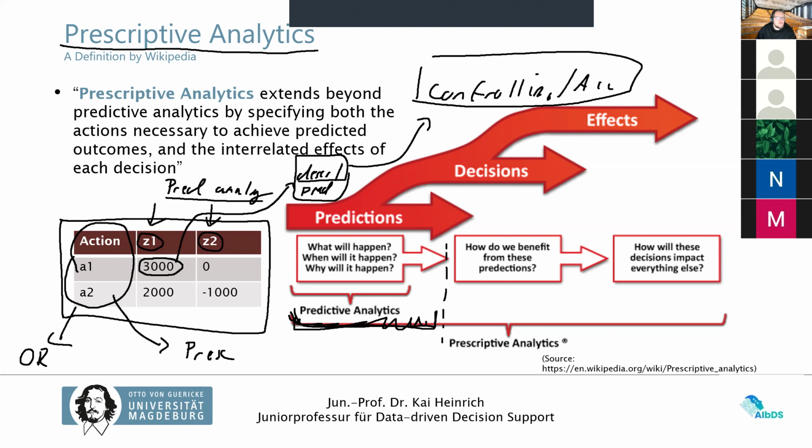We are concerned with predictive analytics, but of course, these other forms help us to choose an action, which ultimately is our goal. This is why I started last time with exactly this. This is our goal, and this is also what we will analyze in the business understanding. They will say, hey, we have to make this decision. How can you support us? Usually this is what they say.